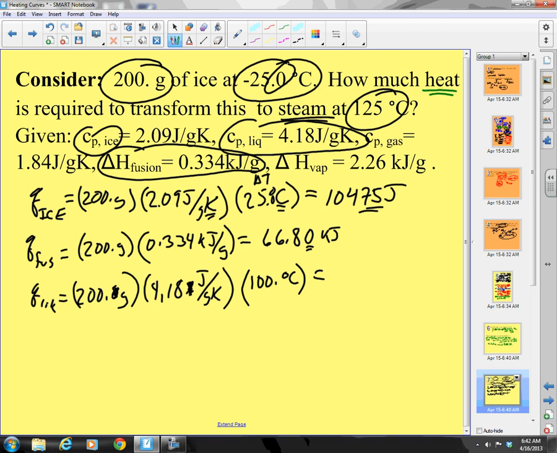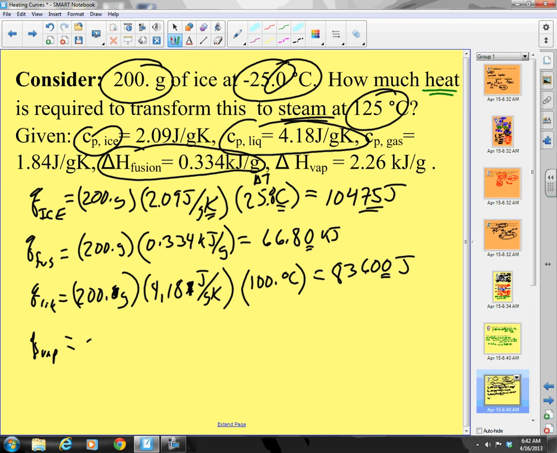Let's run the numbers. 200 times 4.18 times 100 equals 83600. How many sig figs? 3. So that's not a sig fig. Joules. Good. Q vaporization. How do I get Q vaporization?